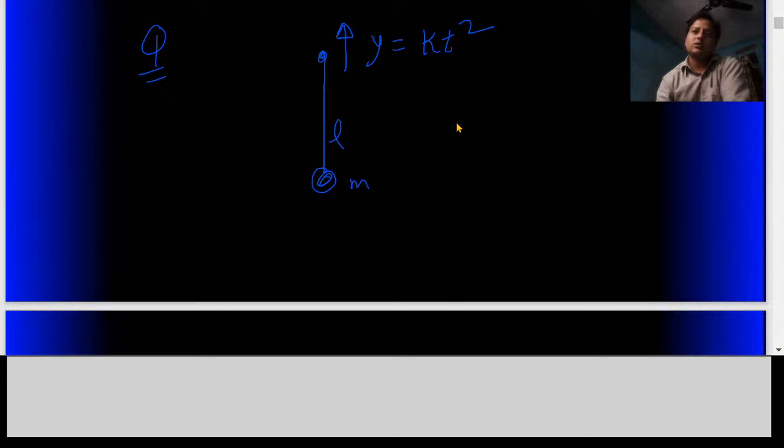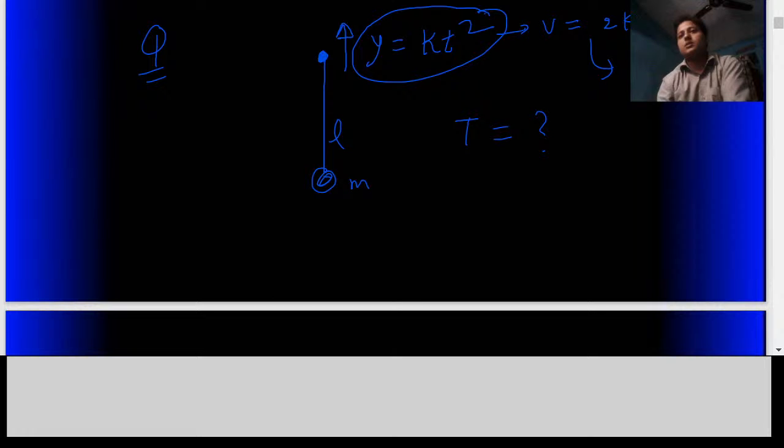Suppose in a question it is mentioned that this end is accelerating upward with the equation y equals kt squared. Now what is the time period for this pendulum? This is the displacement of this second end. Differentiating it, we get a speed 2kt, and differentiating again we get an acceleration of 2k.